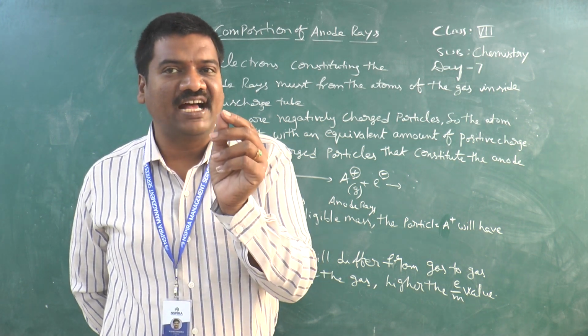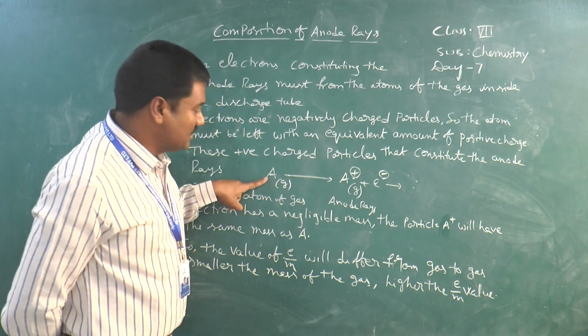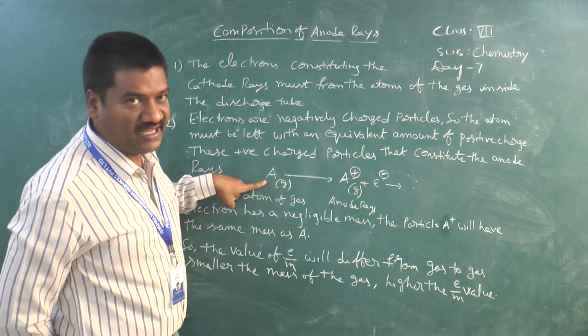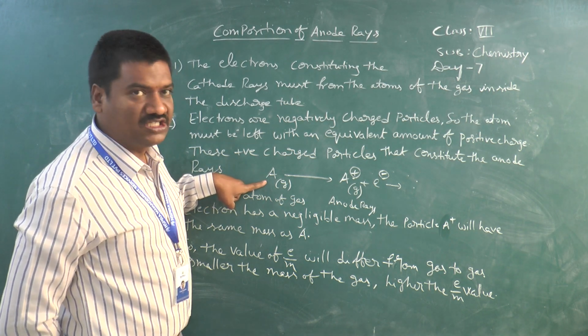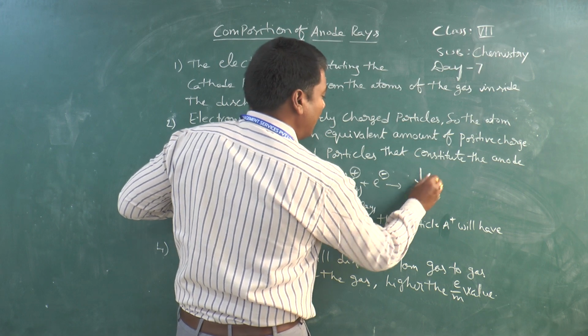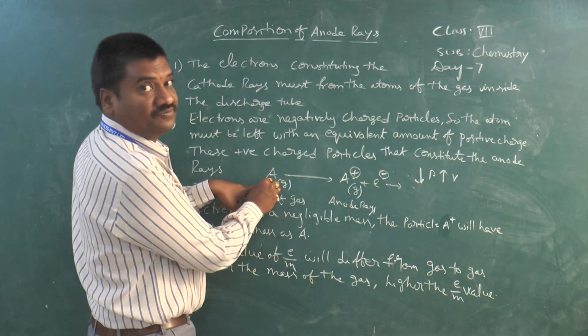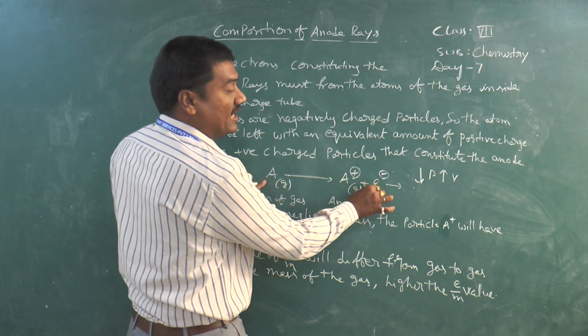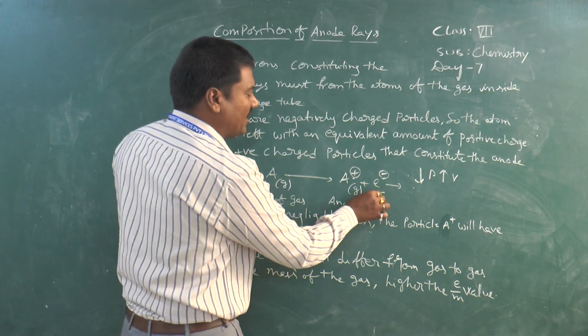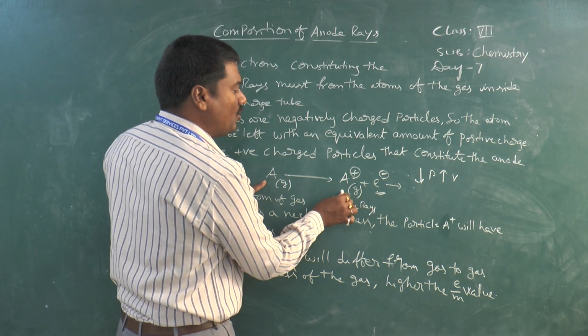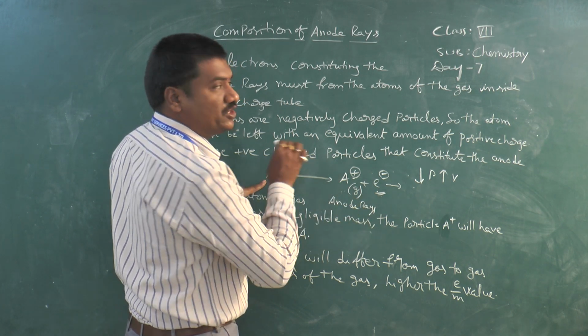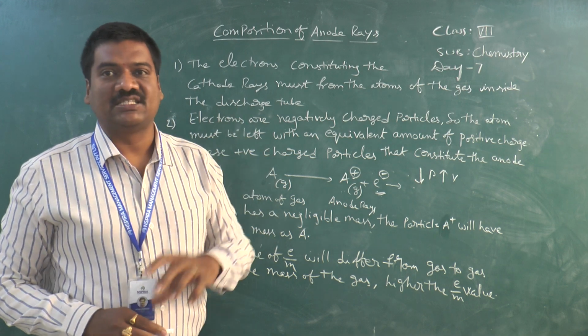The gas, which I am taking as A, gives some electrons under low pressure and high temperature. By loss of the electrons, an equal amount of positive charge should come out from the gas.